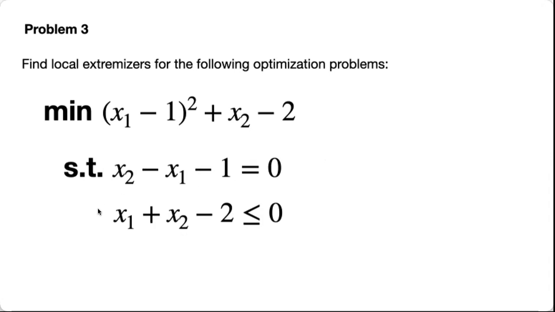But anyway, you still have the inequality constraint. Once you substitute, for example, x2 equals 1 plus x1, then x1 plus 1 plus x1 minus 2 must be less than or equal to 0.